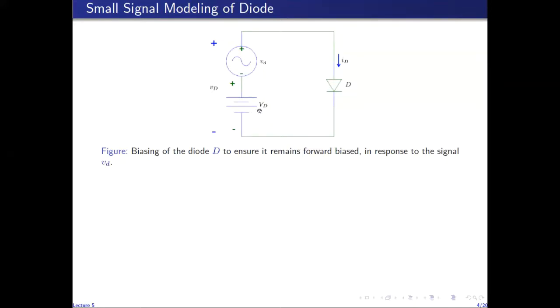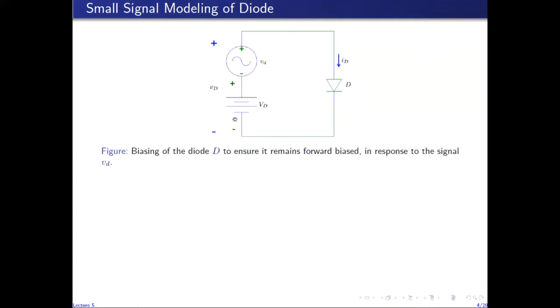The purpose of this constant DC voltage source is to bias the diode in the forward mode. Because if you take this Vd out, then assuming that this small vd is sinusoidal in nature, for the negative half cycle of this small vd, the diode will enter the reverse mode. The diode will be reverse biased.